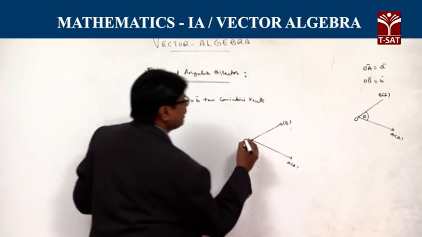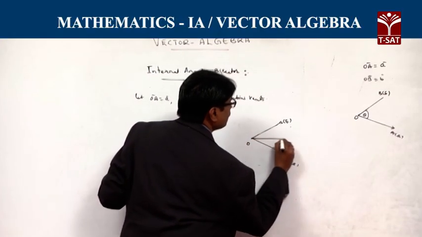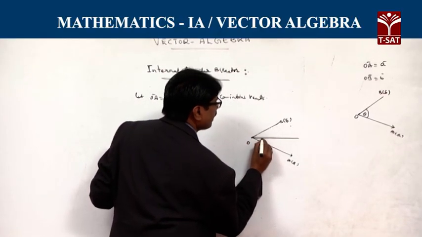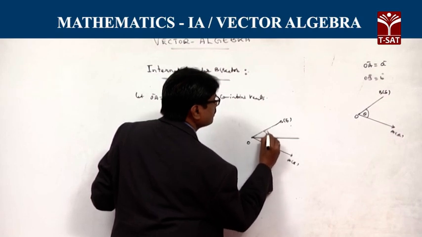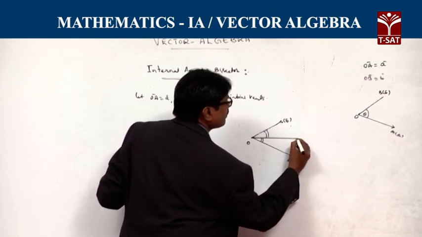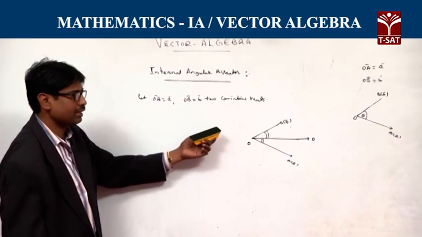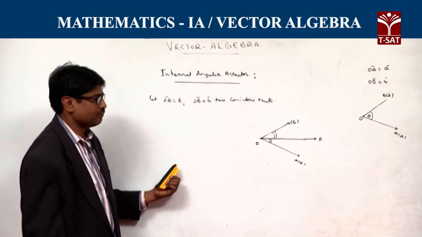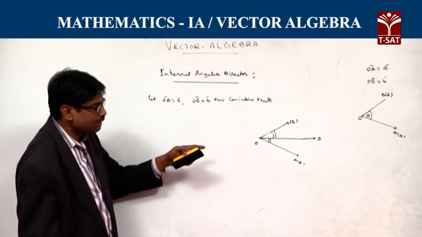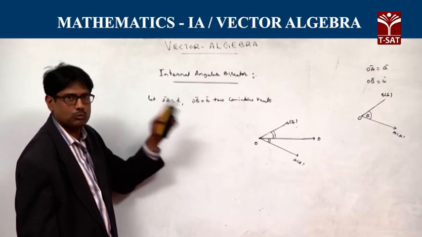Now you define the internal angular bisector which divides the internal angle into two equal parts. You name it as OD bar. First we are talking about the internal angular bisector which divides angle AOB into two equal parts.